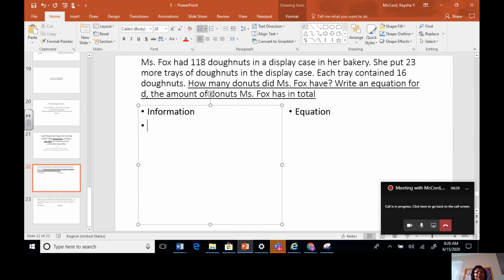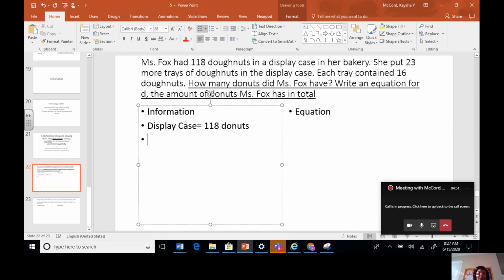Okay, so let's look at our information. Miss Fox has 118 donuts. So right now in her display case, she has how many donuts? 118 donuts. Okay. She's going to put 23 more trays of donuts in her case.